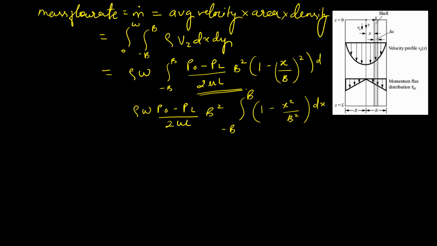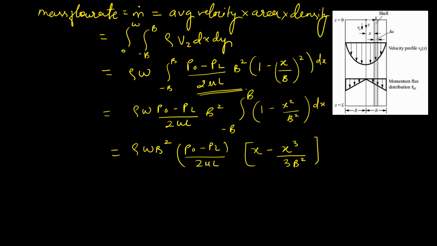Right. Now integrating that, we get x minus x cube upon 3b square, taking limit minus b to b.